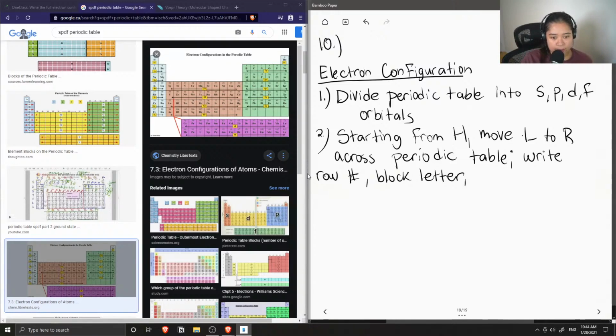And then in the superscripts, we show how many electrons are in each of those orbitals, using superscripts.